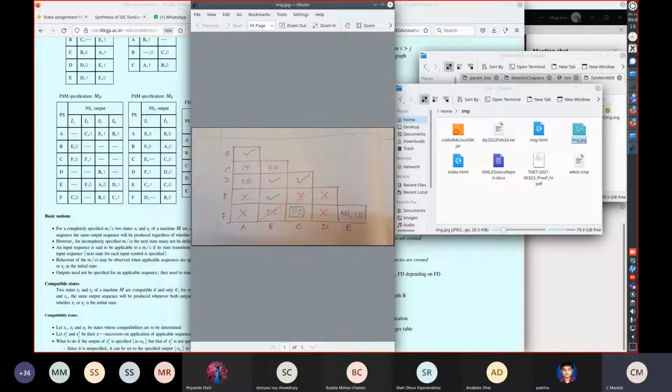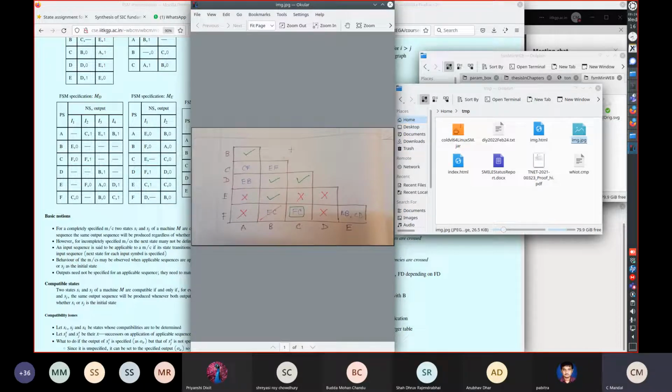These are not compatible, so anything depending on EC will also not be compatible. So this has been crossed out. All right, so that's the reduction on the table. This one is essentially a take because it's a trivial dependency.